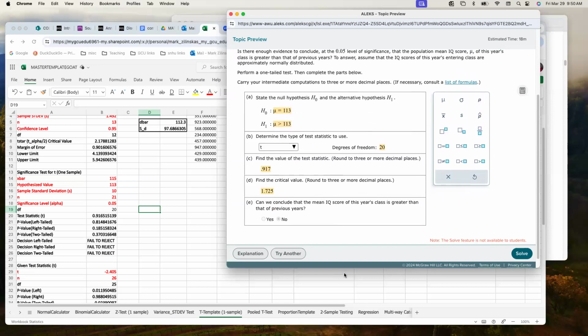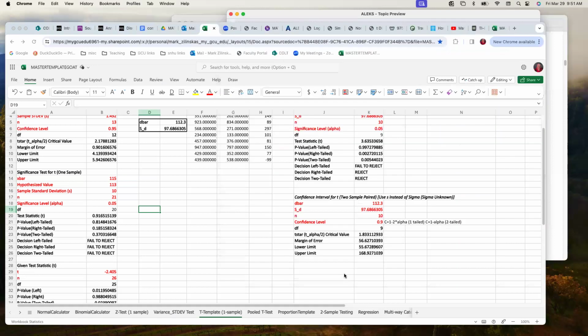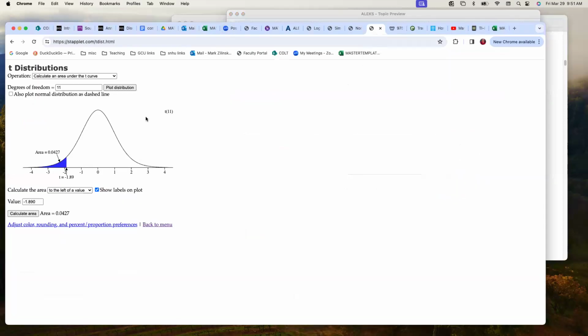Okay. So one more quick little thing here, to show you this idea with the critical value. What's going on here is that at 1.725, if I quickly get into my t distribution and go to the right of a value, 1.725, and my degrees of freedom have to be 20 here. So if I calculate that area, there's the 0.05, right?